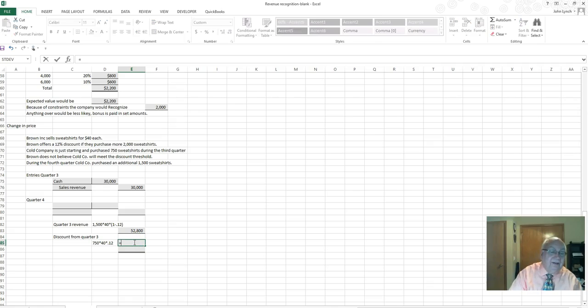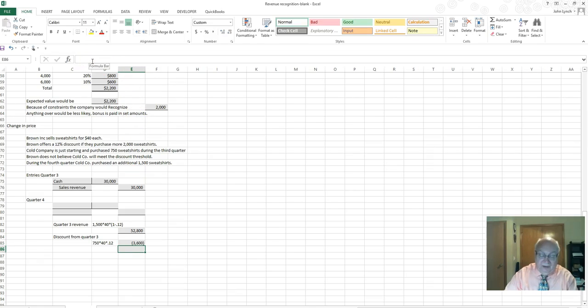However, I need to subtract off the overcharge from last quarter, which was the 750 times $40 times the 12%, or $3,600. Now to take care of that, I can put a minus sign in front of there, so then all I have to do is add them together, because that's what we overcharged last quarter, so they get that discount, if you will. So this time we're going to recognize revenue of $49,200.